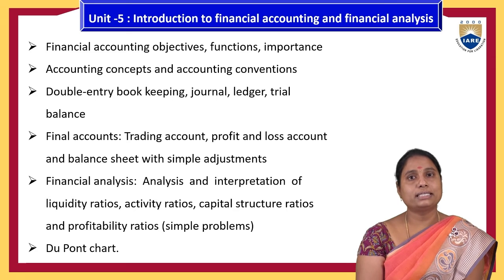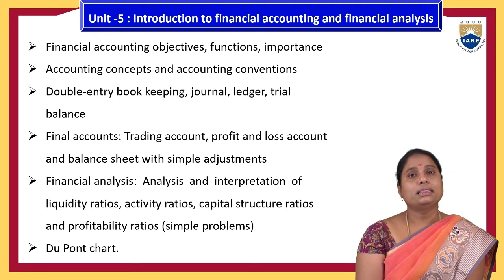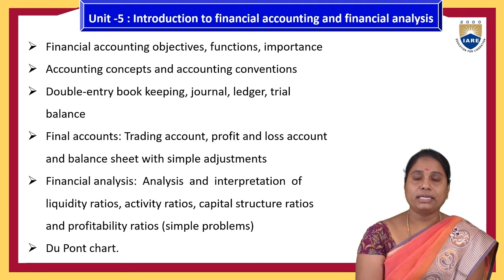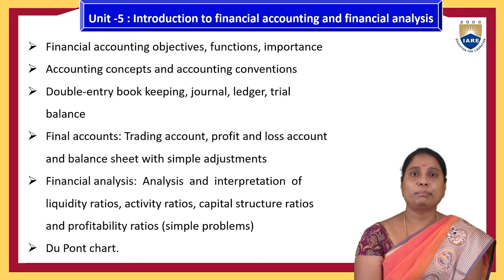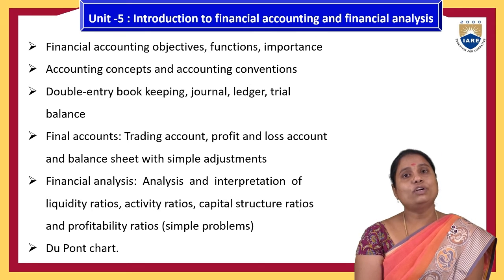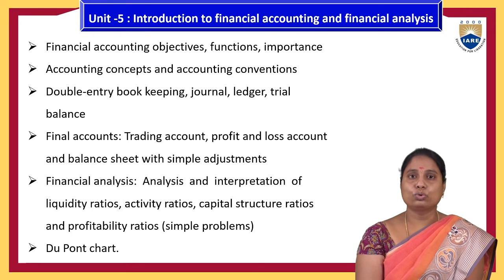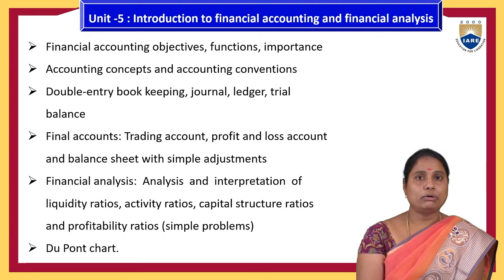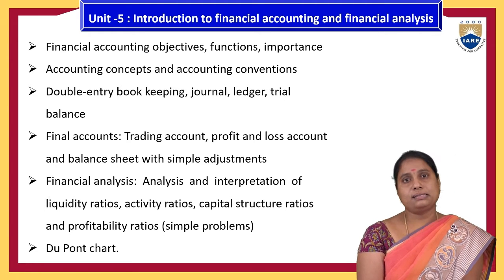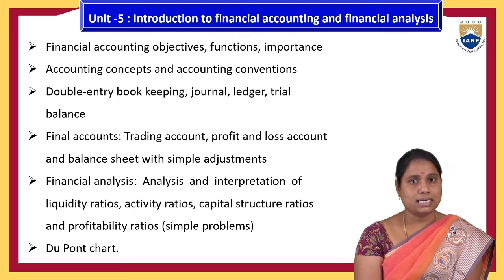So that is called accounting, which means they need to record and maintain proper books of records for every activity taking place in the business. That recording of every rupee that comes in and goes out of the organization in a systematic manner is called financial accounting, and how they analyze this is called financial analysis.